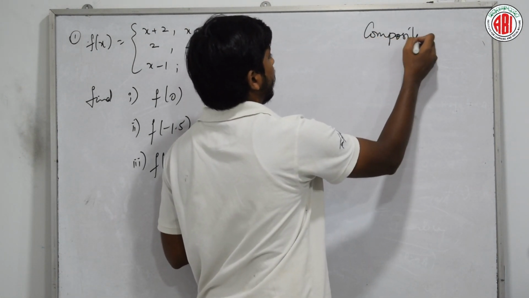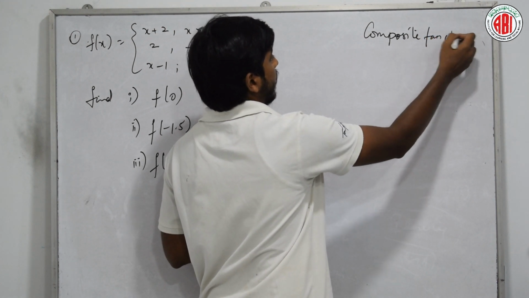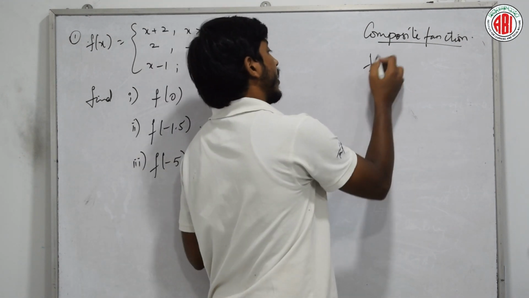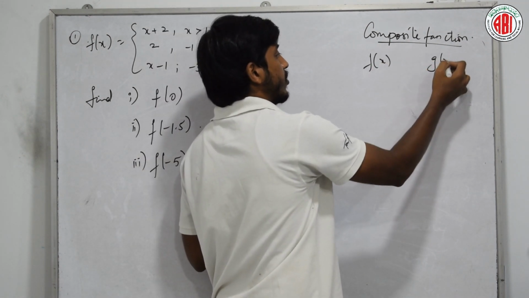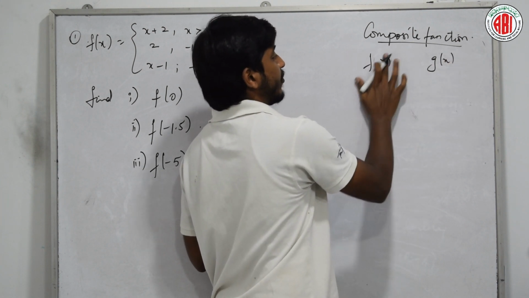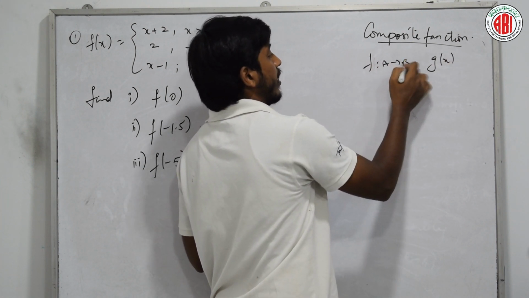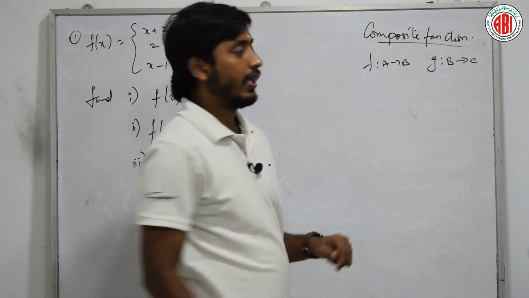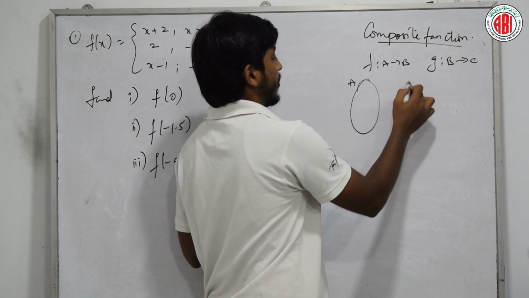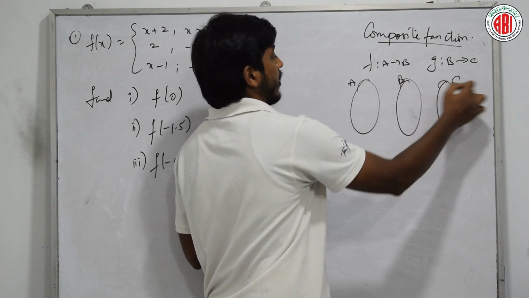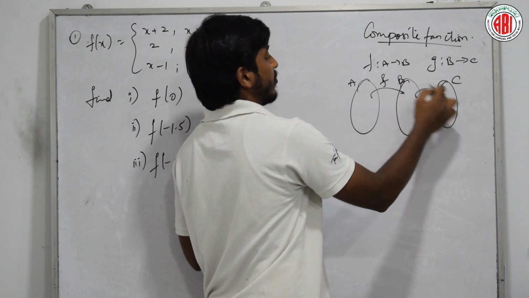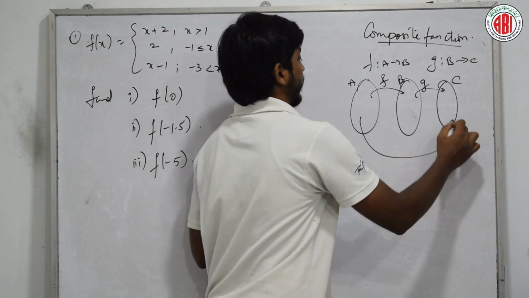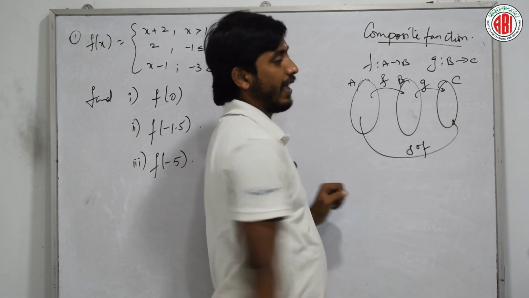What is this composite function? We can tell that it is a kind of mixture. That is, if f of x is a function and g of x is a function, let us say f maps from A to B and g maps from B to C. Then the composite that maps from A to C is g of f.